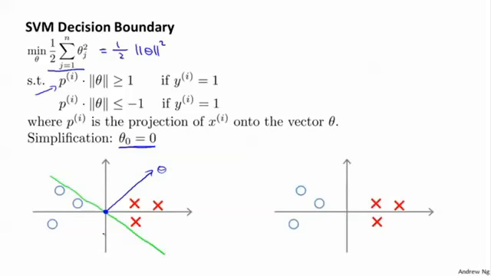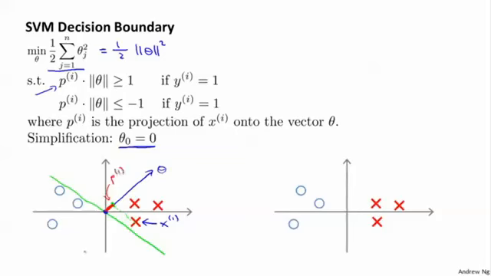So now let's look at what this implies for the optimization objective. Let's say that this example here is my first example, x1. If we look at the projection of this example onto my parameters theta, that's the projection. And that little red line segment is equal to P1.